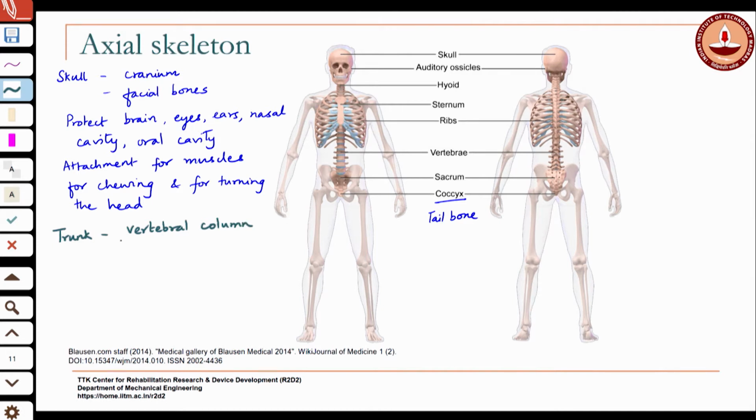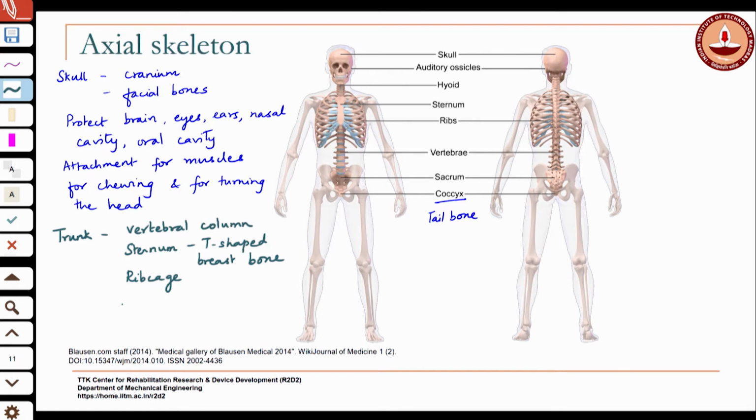Then you have the sternum, which is the T-shaped bone. It is also called the breastbone in the anterior part of the body. And you have the rib cage, which protects some major internal organs of the body.